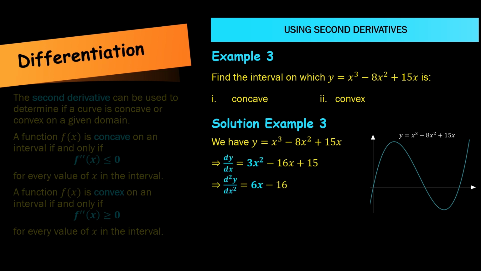And differentiating again gives us d2y dx squared equals 6x minus 16 plus 0. And so if we solve for d2y dx squared equals 0, we obtain x equals 8 over 3.